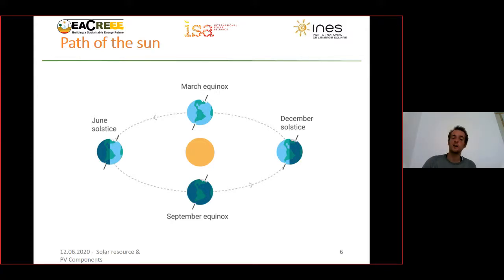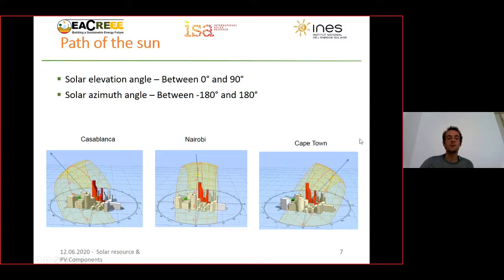So the intermittency of solar energy is due to the rotation of Earth around itself, but also to the rotation of Earth around the Sun. And this can be characterized by what we call the path of the Sun. If we are located on Earth, we are not seeing the Earth moving around the Sun, but we are looking at the Sun moving around our head.